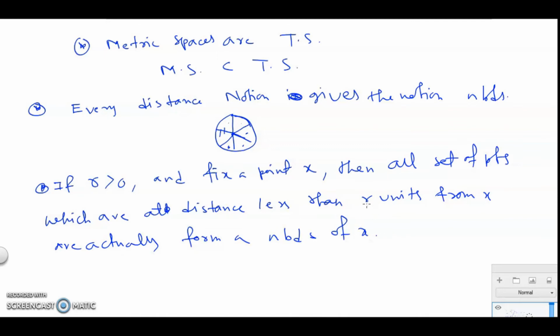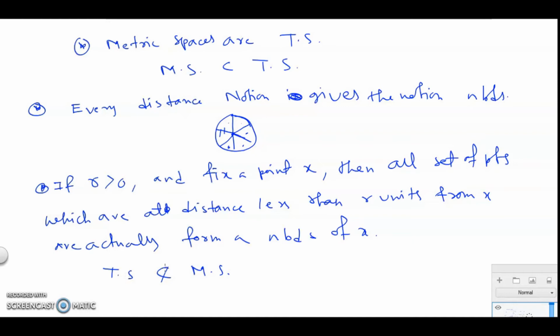Now I want to tell you the other way: not every topological space is a metric space. In an upcoming lecture I will prove that there are topological spaces which are not metric spaces.